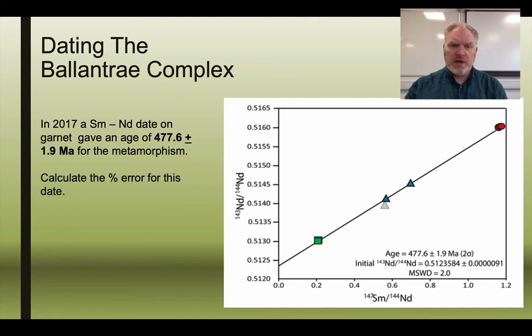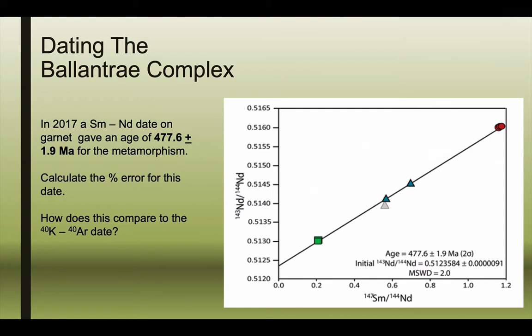So what I'd like you to do now is calculate the percentage error for that date. How much more accurately was samarium neodymium able to date this event compared to potassium argon? So how does it compare?